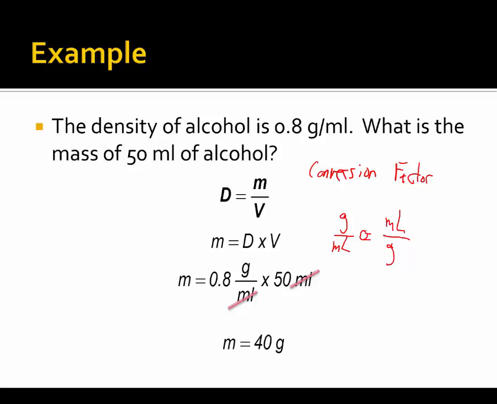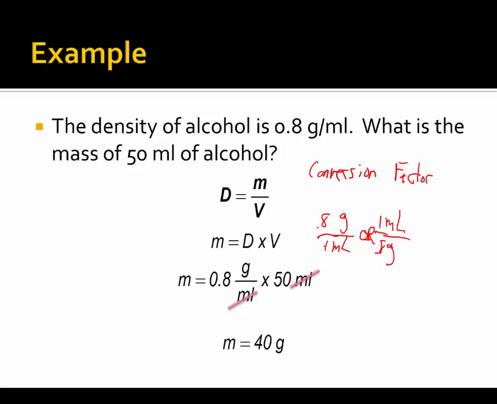You can write it as grams per milliliter, or if you need it to convert, you can write it as milliliters per gram, right? All you would do is flip the number. So if we had 0.8 grams per milliliter, when you wrote it this way, you would have 0.8 grams per milliliter, right?